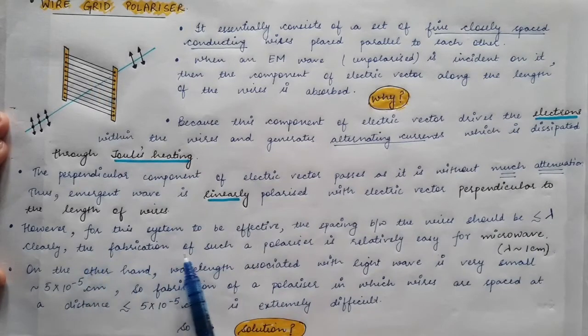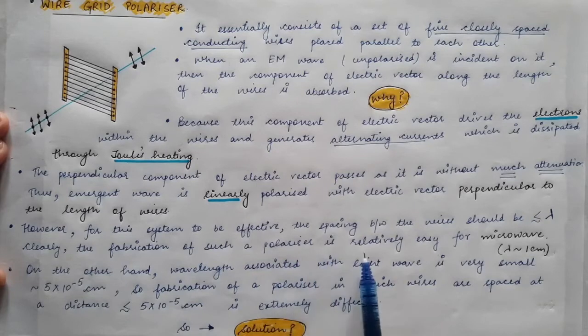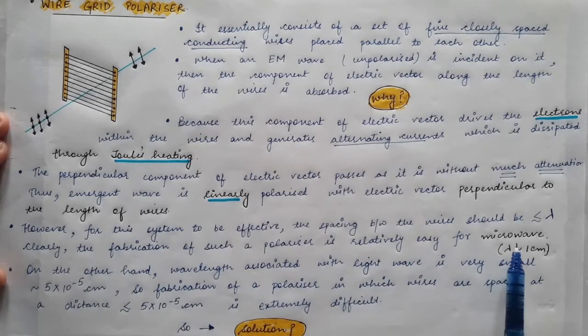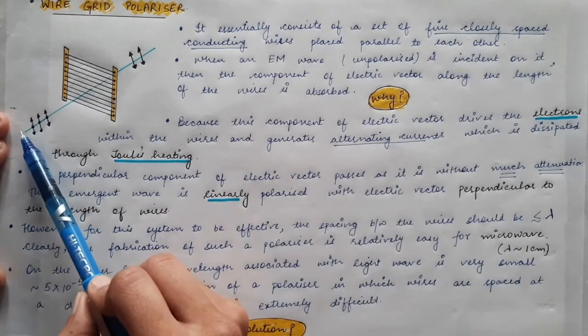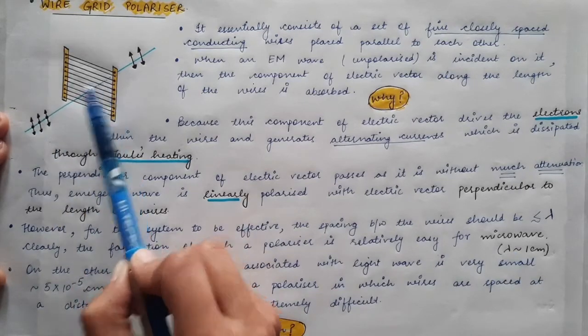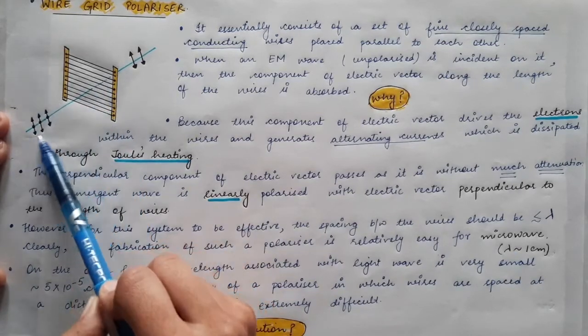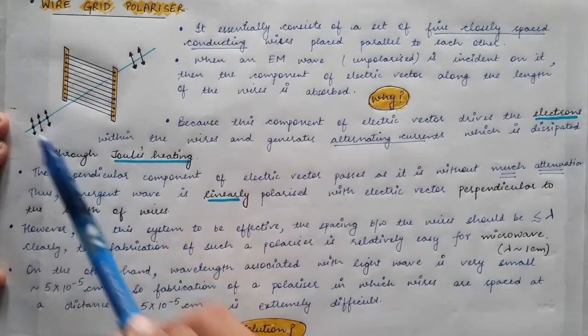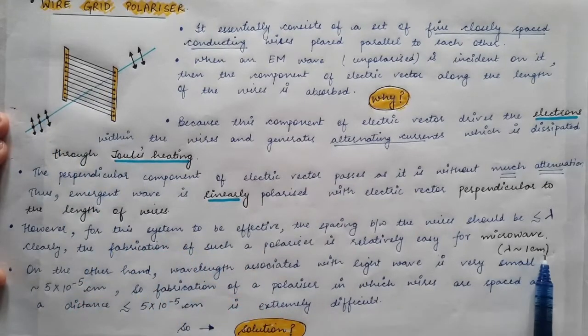The fabrication of such a polarizer, fabrication meaning the construction of such a polarizer, is relatively easy for microwave. The wavelength of the microwave is around 1 centimeter.